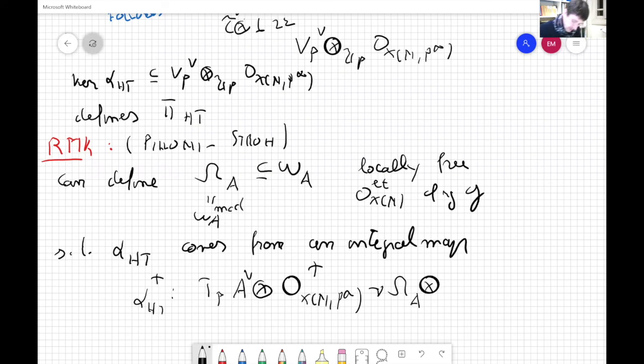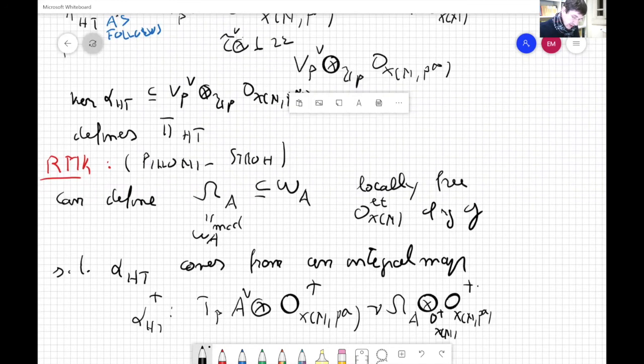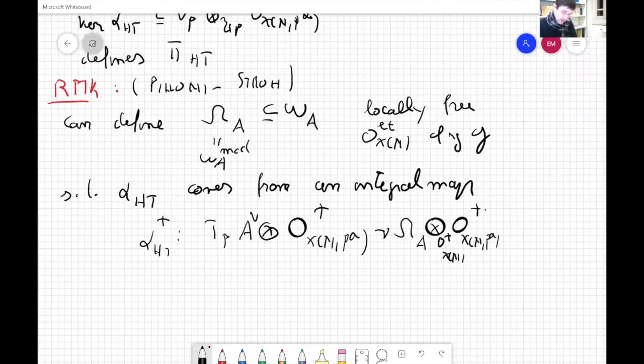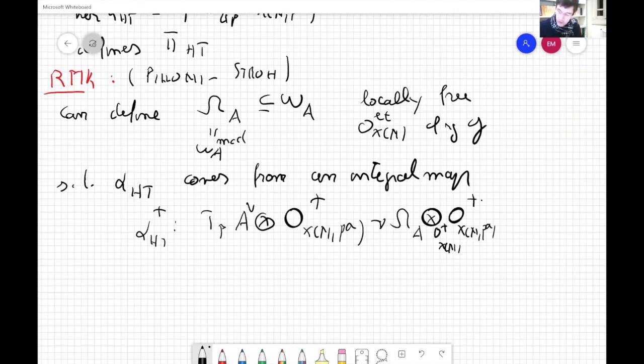I prefer this capital Omega A. I hope it's okay. That will help us to follow this map pi Hodge-Tate when we take tubular neighborhoods of Schubert cells in characteristic p.